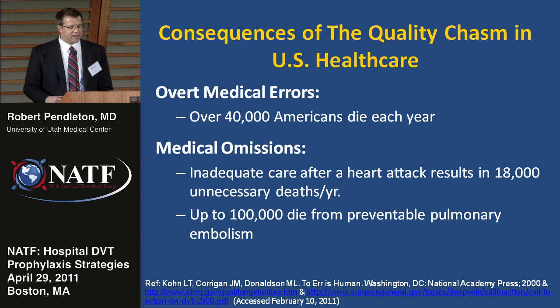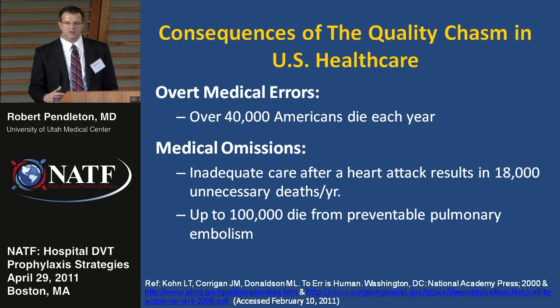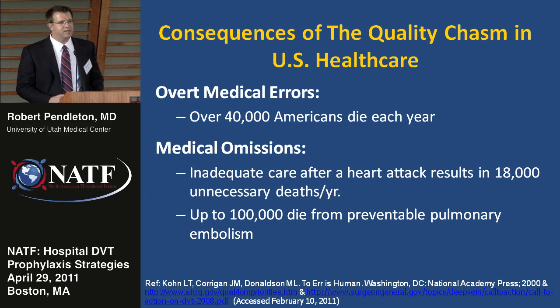Consider that inadequate care after a heart attack, for example, failure to prescribe beta blockers or antiplatelet therapy, leads to an estimated 18,000 unnecessary deaths in the United States every year, and up to 100,000 patients die from potentially preventable pulmonary embolism in the U.S. every year. Again, sort of shining a bright spotlight on programs like this that are focused on DVT prevention initiatives.